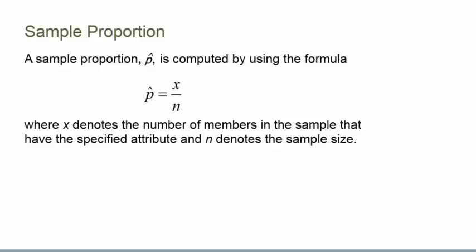A sample proportion, P hat, is computed by the formula P hat equals X divided by N, where X denotes the number of members in the sample that have the specified attribute and N denotes the sample size.